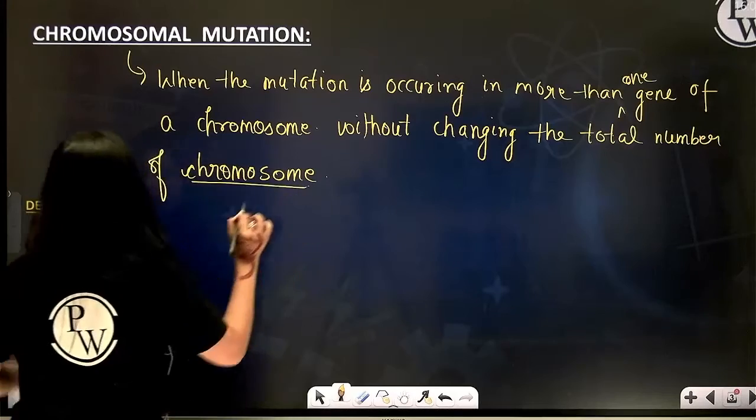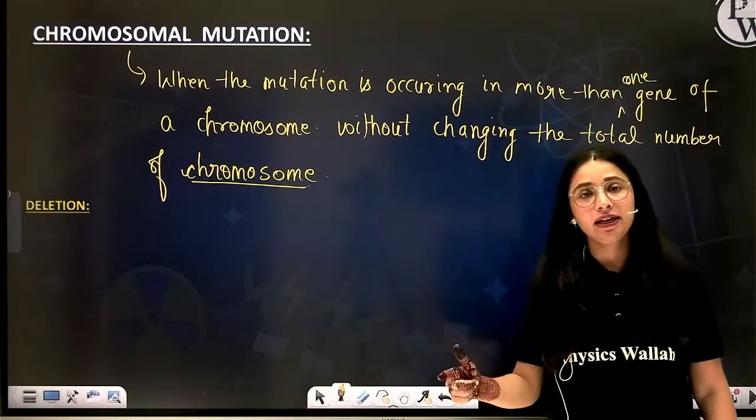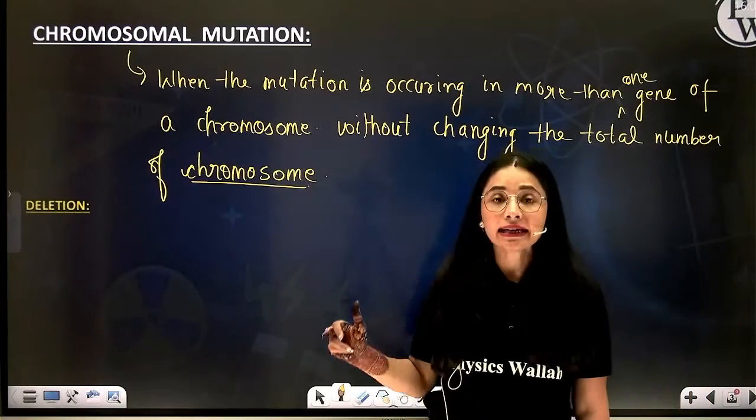Right? Under chromosomal mutation, we have four types: deletion, addition, translocation, and inversion.